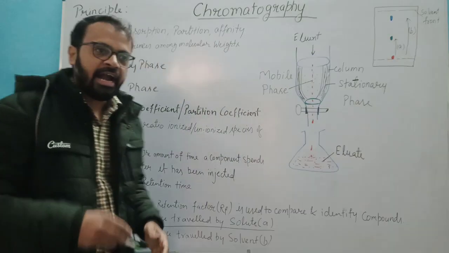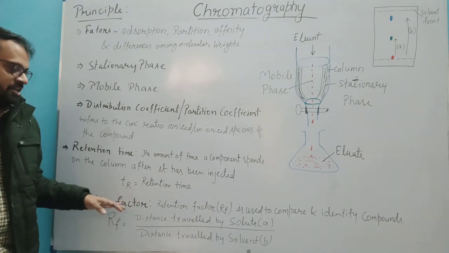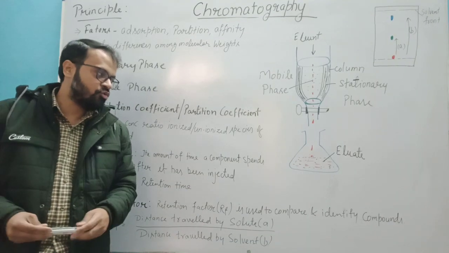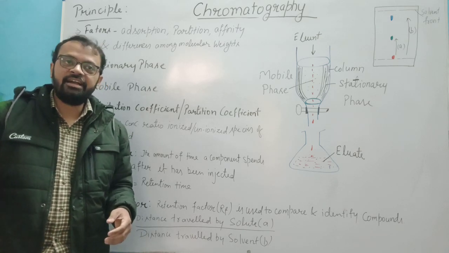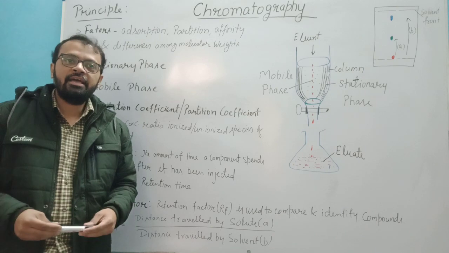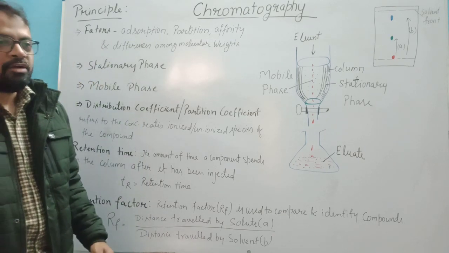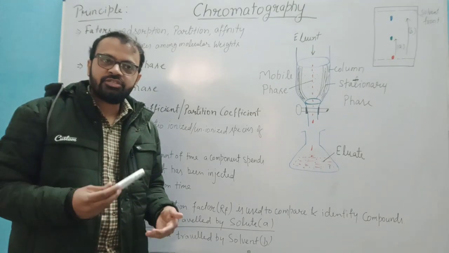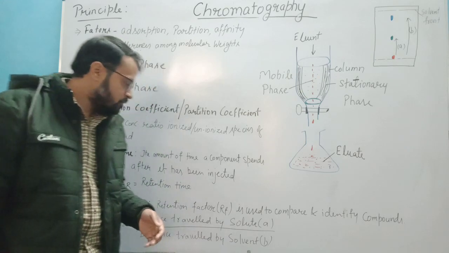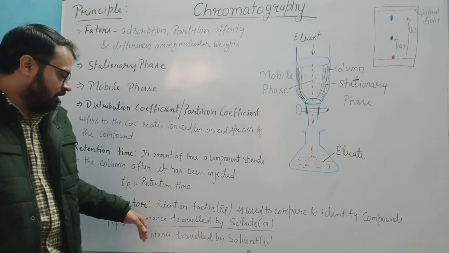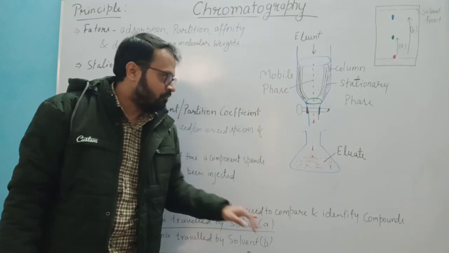And what is the retention factor? The retention factor is used to compare and identify compounds, and it is the additional distance and time traveled by the component present in the mixture. We calculate RF value in the case of paper chromatography and thin layer chromatography. So RF value is equal to the distance traveled by solute upon the distance traveled by solvent.